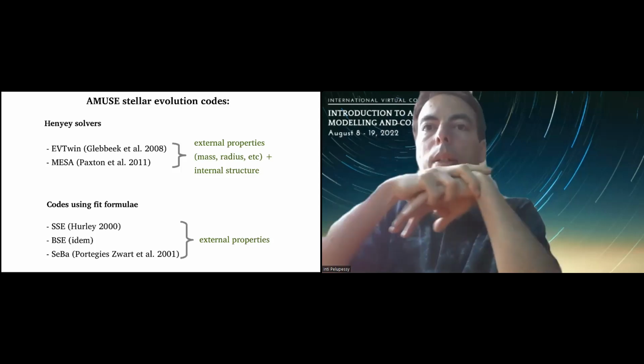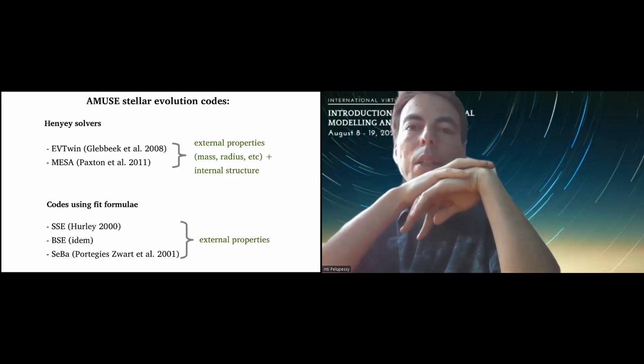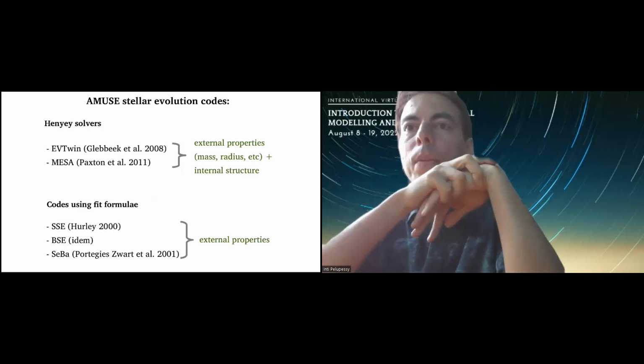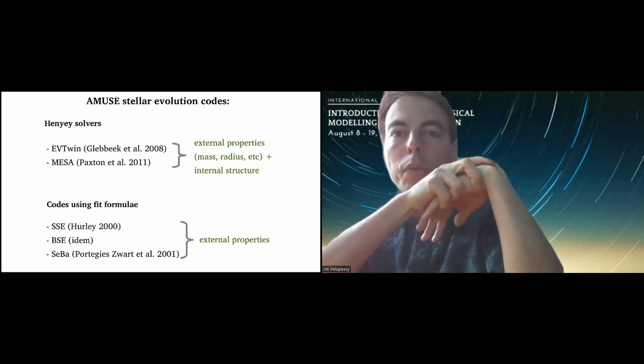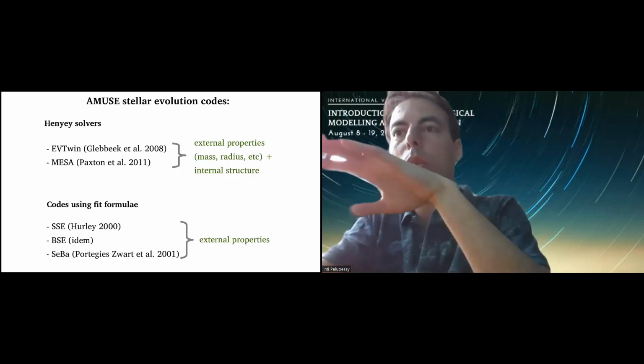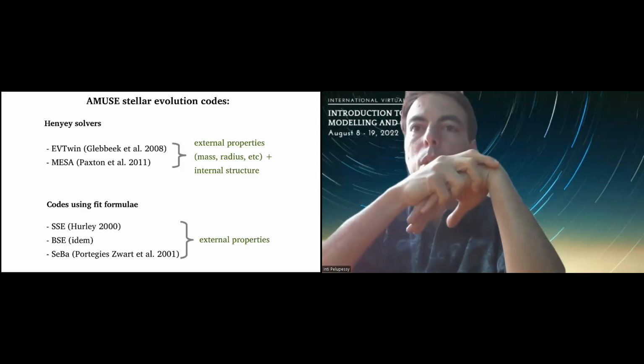Of course, these are not so accurate because they don't solve anything in the internal structure of the stars, but as a result they are orders of magnitude faster. So sometimes you're not so interested in internal structure and you can use a fast stellar evolution code.